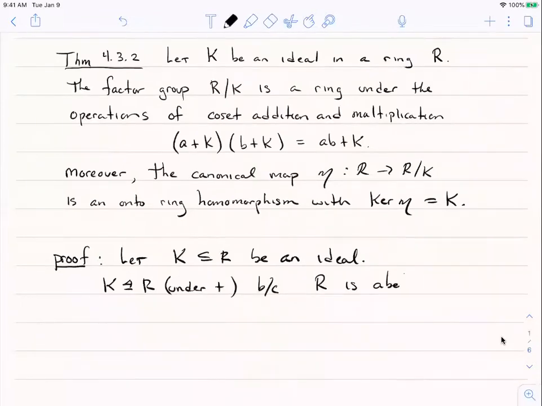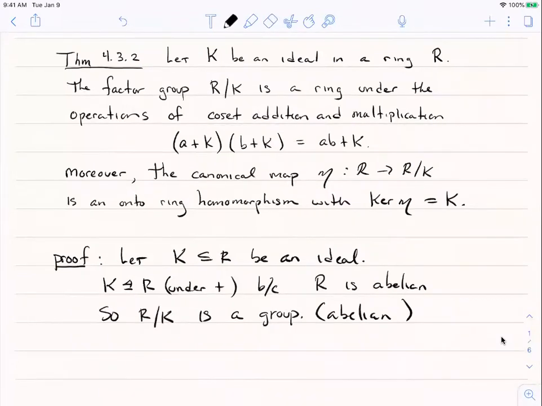Every subgroup of an abelian group is normal. So the set of cosets R over K is a group. It's an abelian group. So we don't have to worry. So that's the first ring axiom, right? We've got an abelian group called R over K.